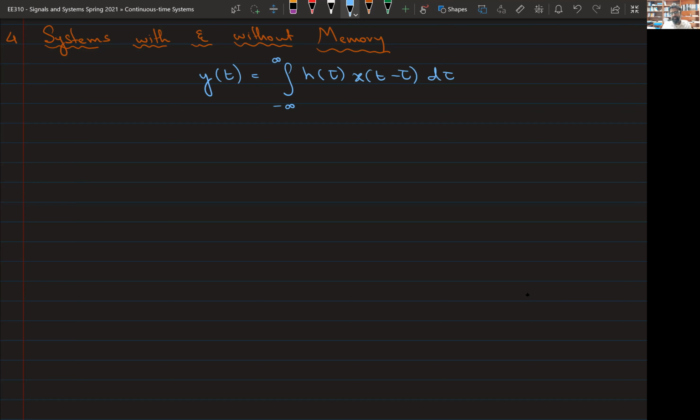If I just look at this expression, is there a contribution in y of t because of inputs of x in the future? Just by looking at this integral? Of course there is. Because this involves x of t minus tau, right? So for all positive values of tau, that means I'm weighting the entire past. For all negative values of tau, I'm weighting the future, right?